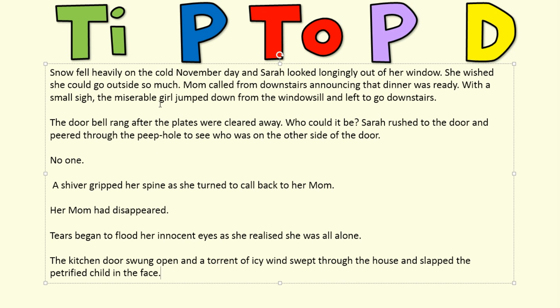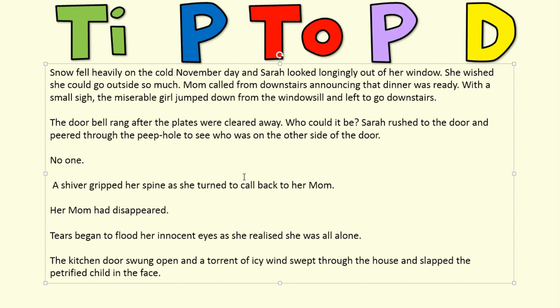Now you're probably thinking, well, these paragraphs are really short. That's okay. There is not a rule on how long or how short a paragraph can be. I mean, look, "No one", that's a paragraph. For dramatic effect, that is absolutely fine. So my top tip is to use TIP-TOP. Time, place, topic, person, dramatic effect.